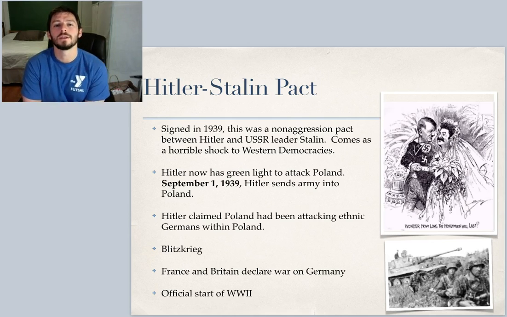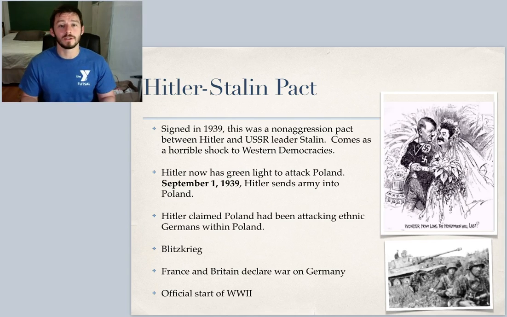People are getting increasingly nervous about Hitler. He's clearly not the most stable person out there. He's trying to expand. But at least there's one thing he was scared of, and that was Joseph Stalin, the leader of the Soviet Union. Stalin has already at this point, by the late 30s, murdered millions of people.